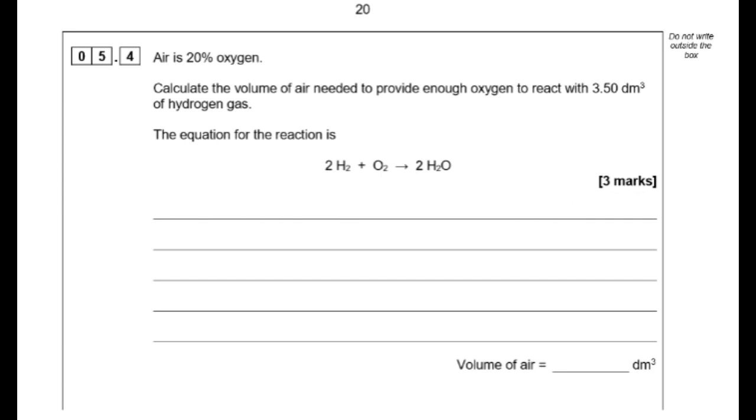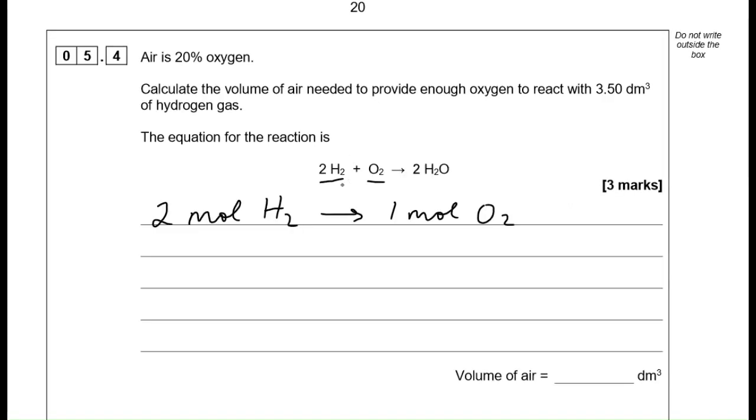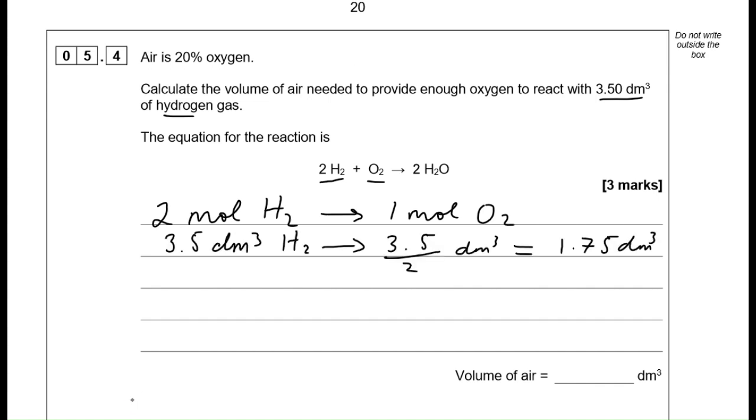So there's no need to do any calculations for moles, and no relative atomic masses are required. From the equation, the mole ratio says 2 moles of hydrogen react with 1 mole of oxygen. Therefore, 3.5 decimeters cubed of hydrogen will react with 3.5 divided by 2 decimeters cubed of oxygen due to the 2-to-1 ratio. That equates to 1.75 decimeters cubed.